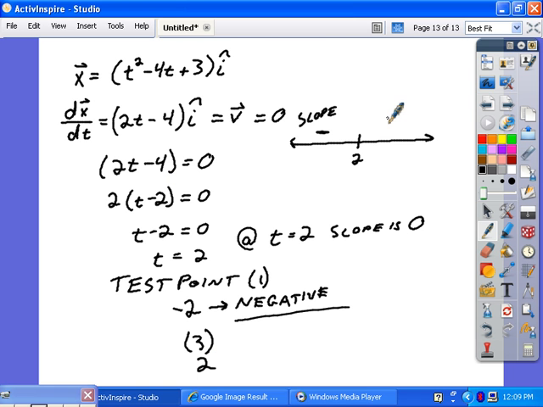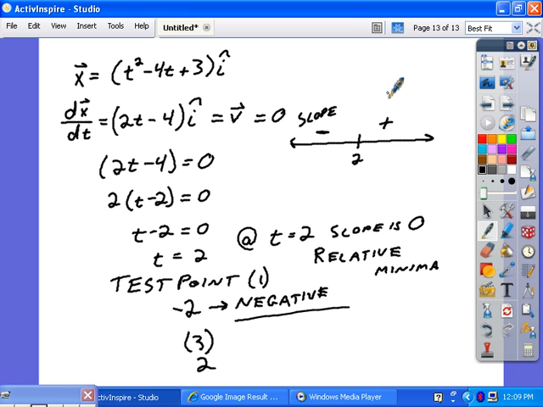That means that we have a positive here. So the slope is negative, negative, negative, negative, positive, positive, positive, positive. That means that at this point, t equals 2, I have a relative minima. The slope goes down, down, down, down, up, up, up, up.